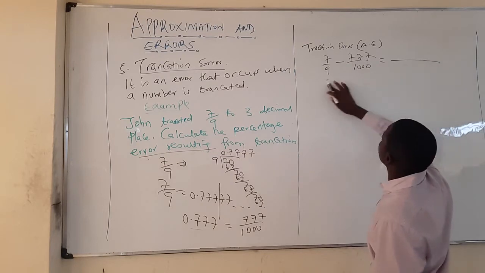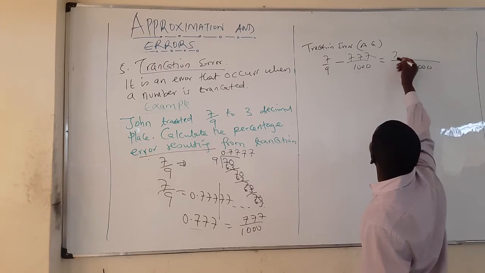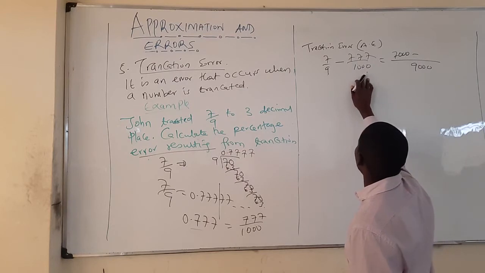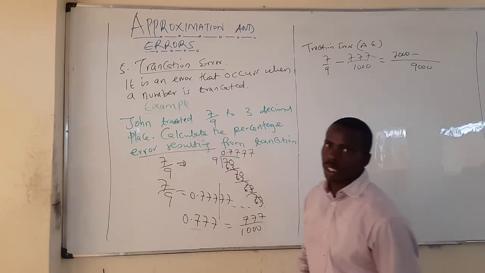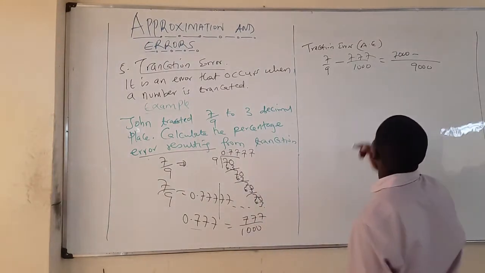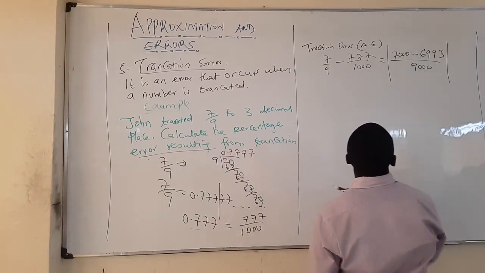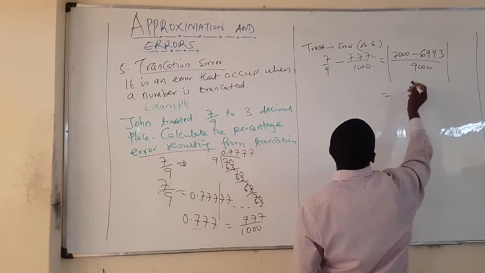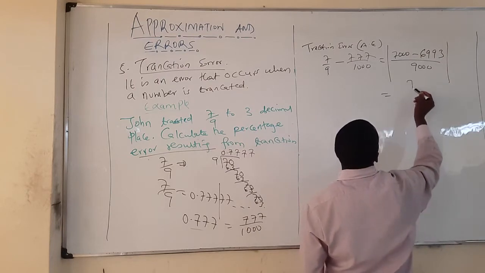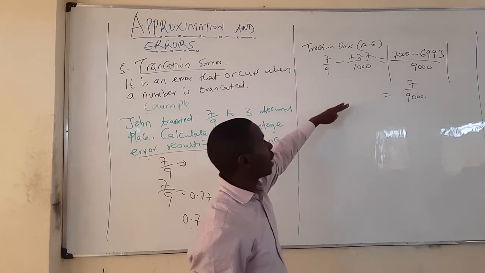And the LCM of these two is 9,000. Divided by 9, you get 1,000 times 7, you get 7,000, minus 9,000 divided by 1,000 is 9 times 777, you get 6,993. And you take the absolute value of that. So 7,000 minus 6,993 is going to be 7/9,000. So that is the truncation error or the absolute error.